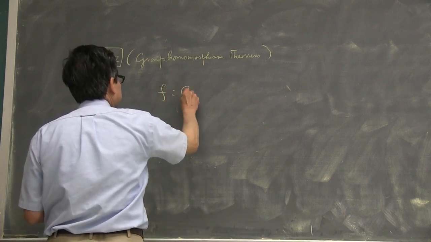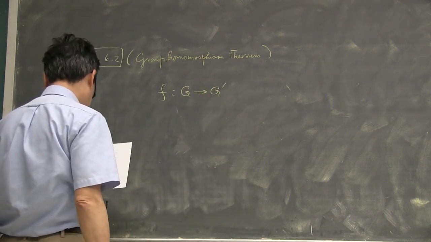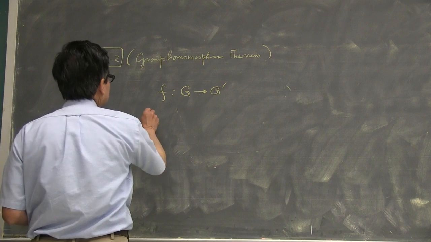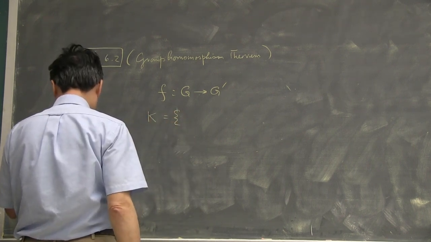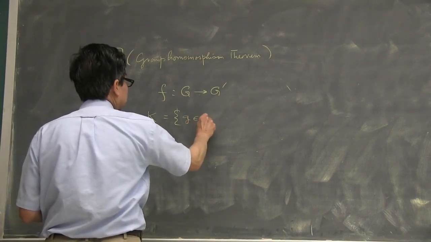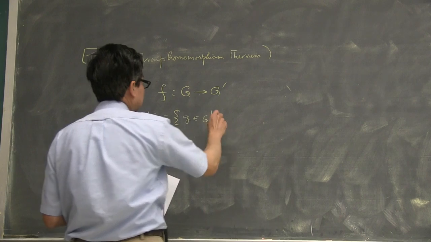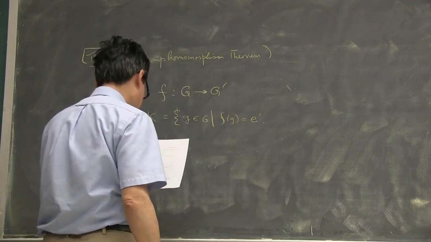Let F be a group homomorphism from the group G to the group G prime, and K is the kernel of F, which means all the group elements in G such that F of G is the identity E prime in G prime.